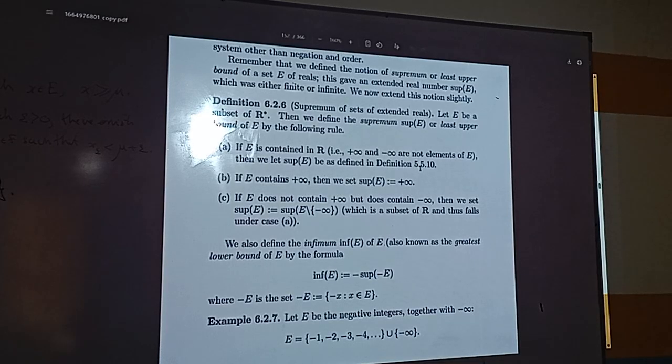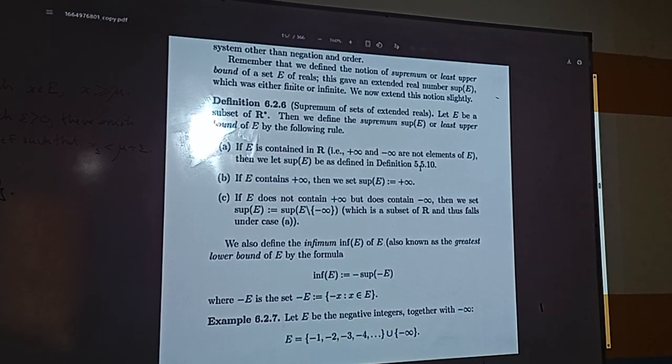Otherwise, y may be infinity. If y is infinity, x less than or equal to y is true. That's the definition. And again, if x is negative infinity, that is also possible.